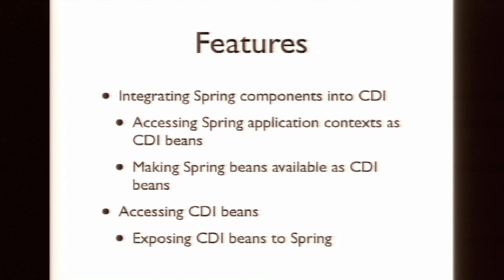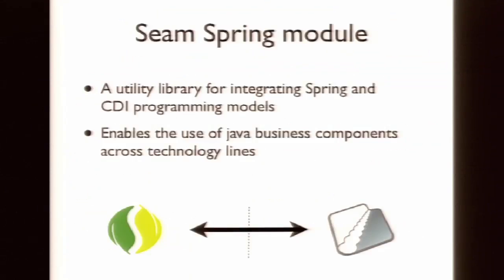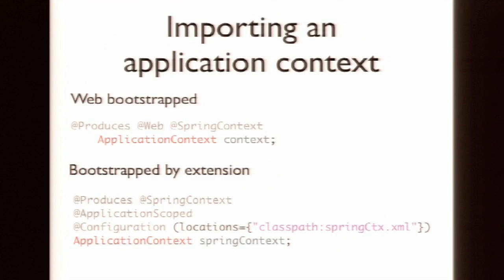And this is how the project Apache DeltaSpike has come into existence, basically pulling stuff from Seam 3, Apache CODI, CDISource, and other contributions from the community. This is the future of the extension that I'm going to talk about. But right now it exists in this form as part of the Seam 3 Spring module.